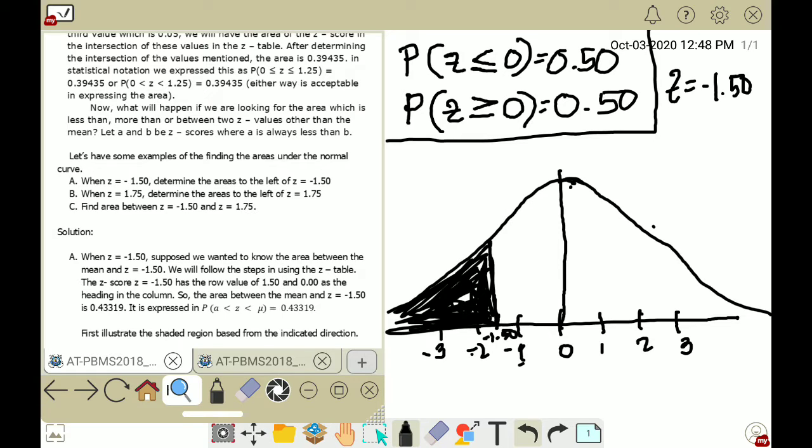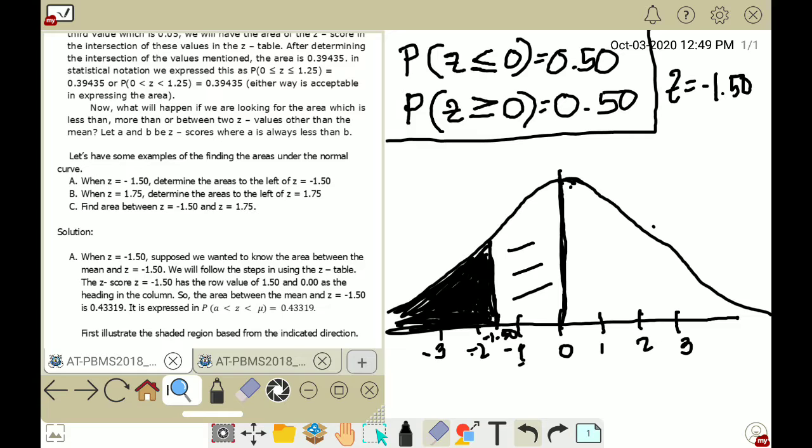As you can see, in this case, we cannot say that we could only use the area of negative 1.5, because negative 1.5 talks about the area from the mean going to this area. This is the area of negative 1.5, not this area.